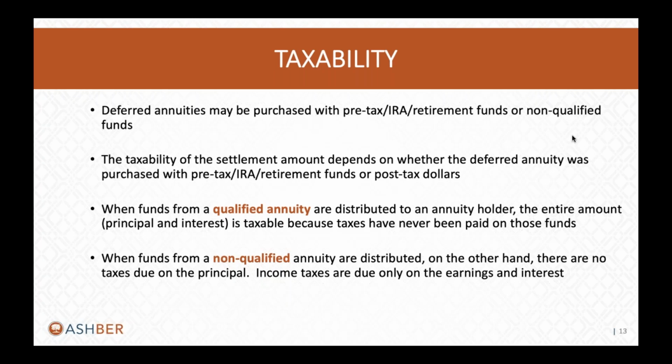Whereas with the funds from a non-qualified annuity, the principal is not going to be taxable, but the income or the deferred earnings and interest is going to be considered taxable income.